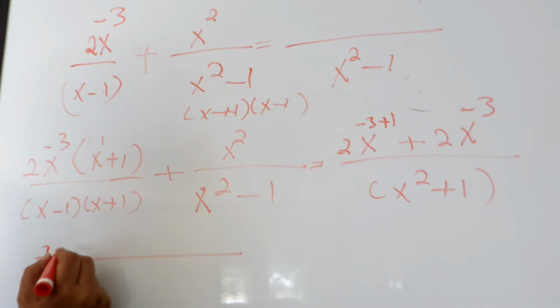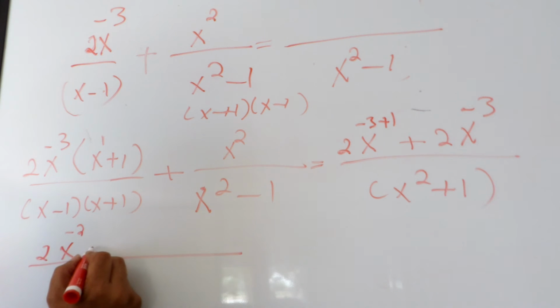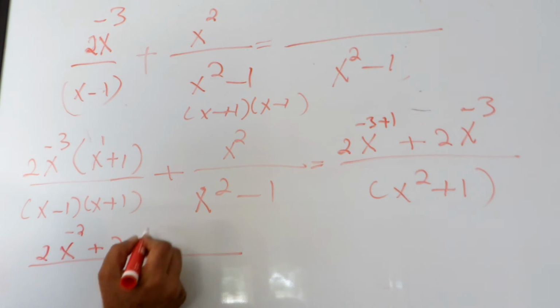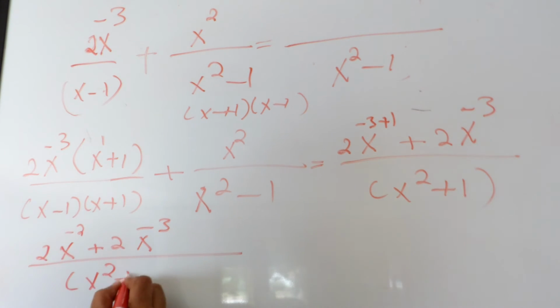simplify more, 2x minus 2 plus 2x minus 3. I don't want to make it more complicated.